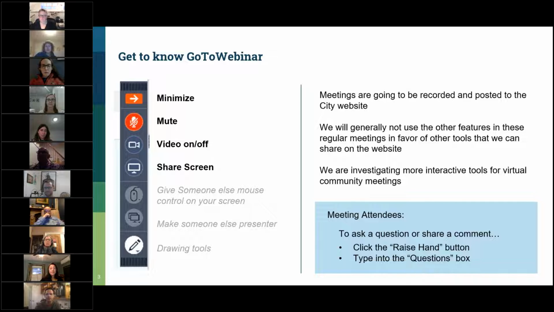And we are looking at other tools as well. We don't have any attendees in the audience tonight as of yet. That doesn't mean there couldn't be later. But when we do have attendees in the audience, what's nice about this service is that there is a raise hand function and an option to type in questions, so we can hear directly from public attendees as well. Next one, Nick.